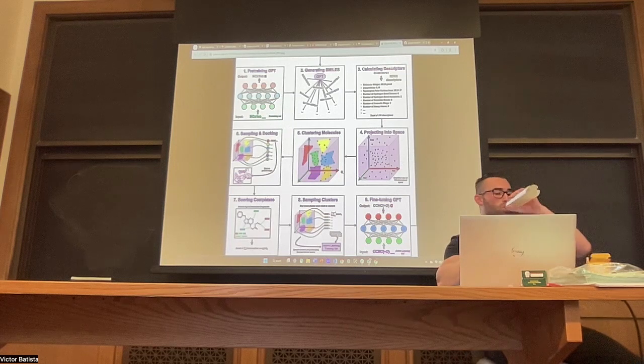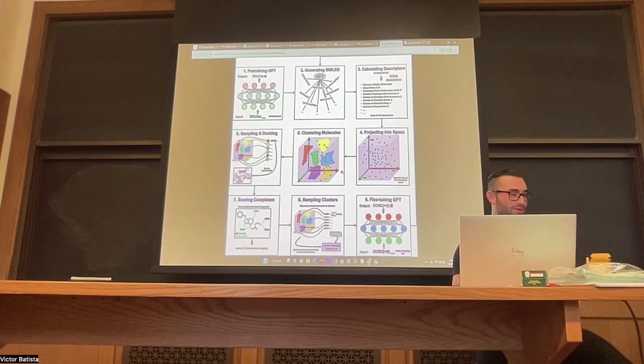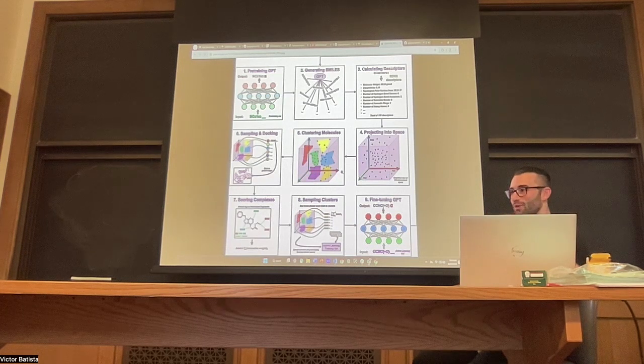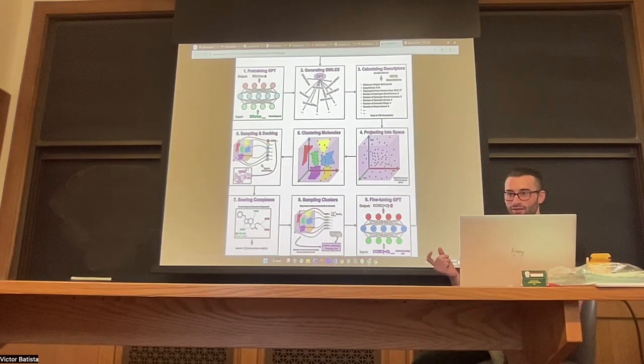Then we use k-means and we cluster the space. And what this does is it allows us to group molecules that are chemically similar. So molecules in the same cluster are physico-chemically similar. Does this make sense? Okay, cool. So then what we do is we sample 1%.